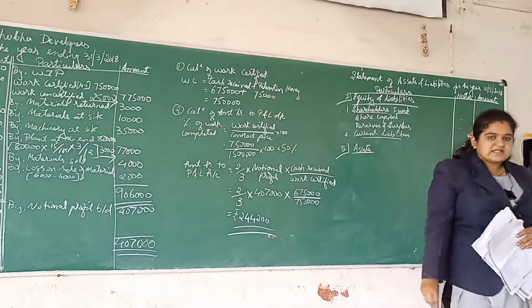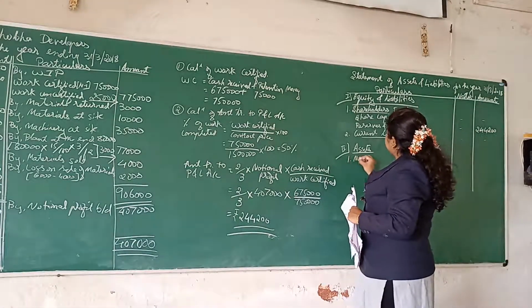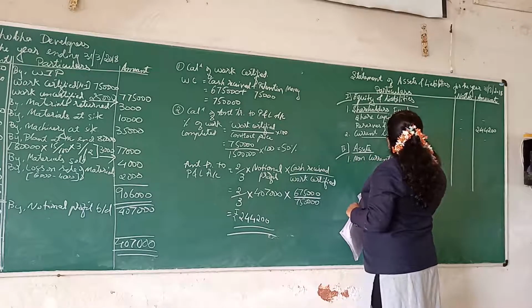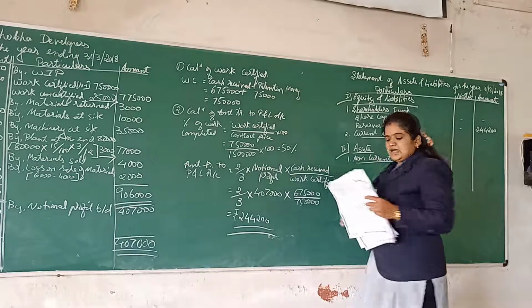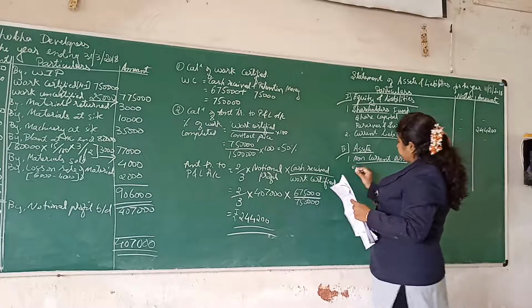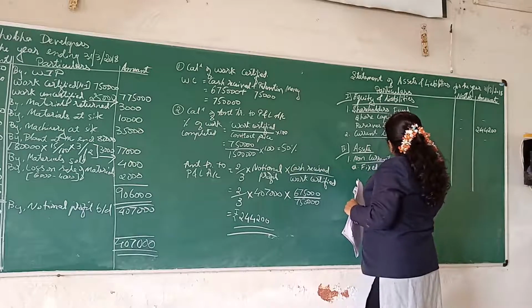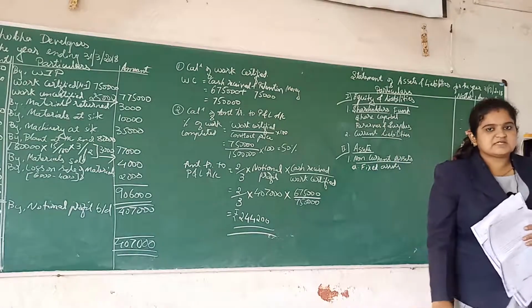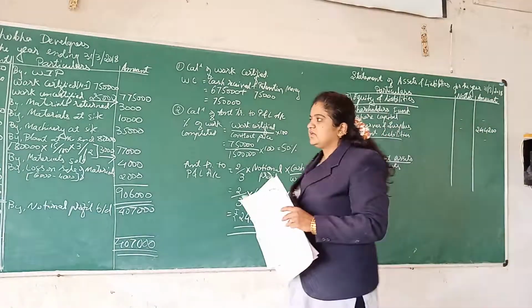Now under assets, the first point is non-current assets. In that, fixed assets. Now check the problem whether they have given any fixed assets.